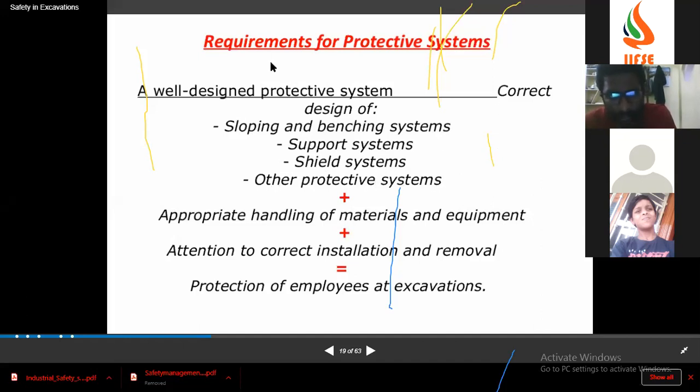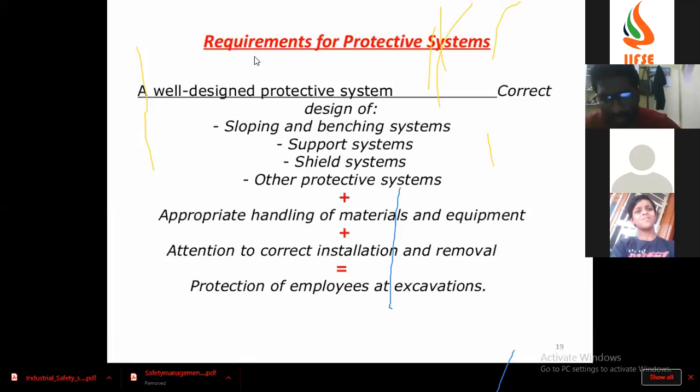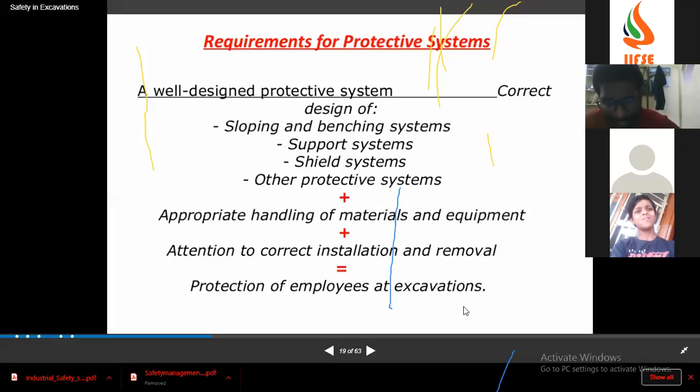Okay, they will ask what the requirements of an excavation system are. Depending upon the design, you have to plan. Okay, fine. You can do sloping, shielding, and appropriate handling of materials and equipment. This is the basic concept slide. After shoring, sloping, and shielding, there are other protective systems.